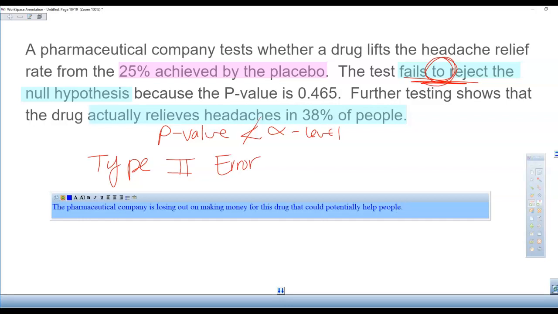The company is losing out on all this money that they could make on this drug that is actually more beneficial than the placebo would be.